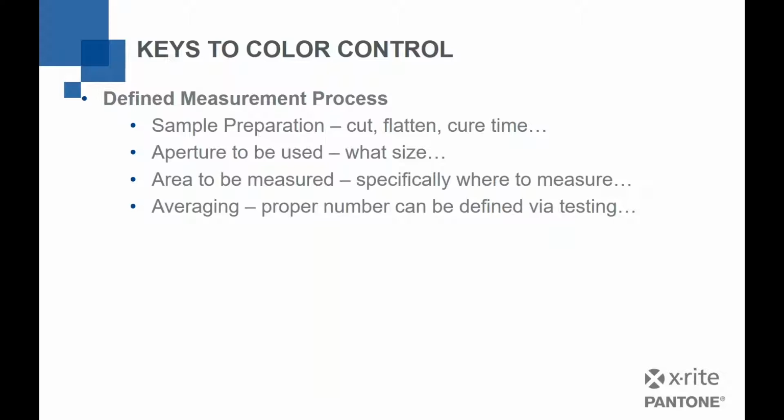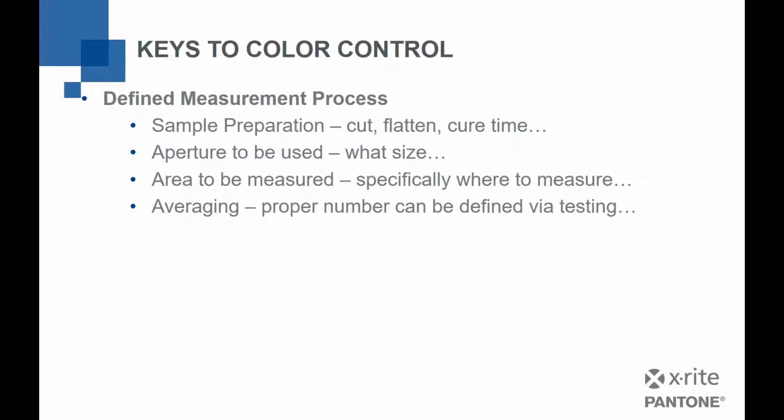Well, that can be defined via testing. You can do measurements of your materials, and in our software, for example, do a series of measurements being averaged together, and you can evaluate things like standard deviation to quantify, okay, the variation in this particular thing that I'm measuring requires 6 measurements to average together to properly characterize it.